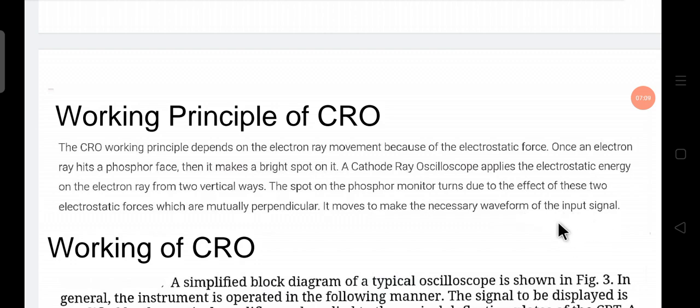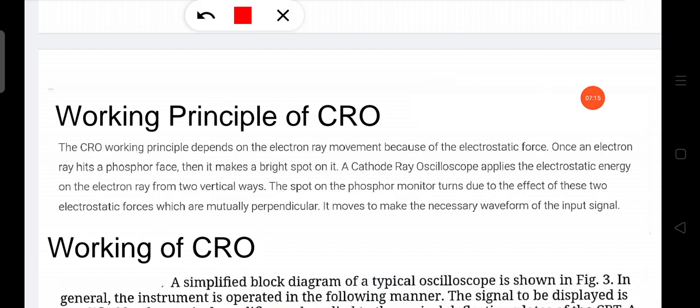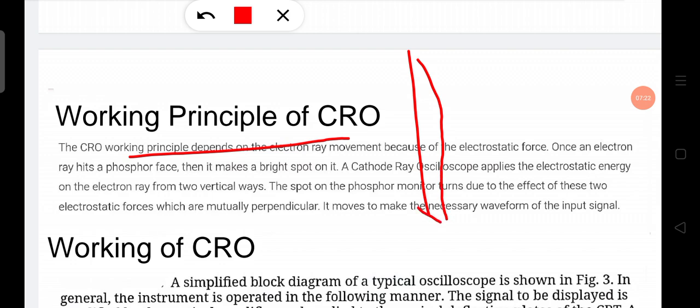So this is the basic concept. That means one electronic ray hits the fluorescent screen.